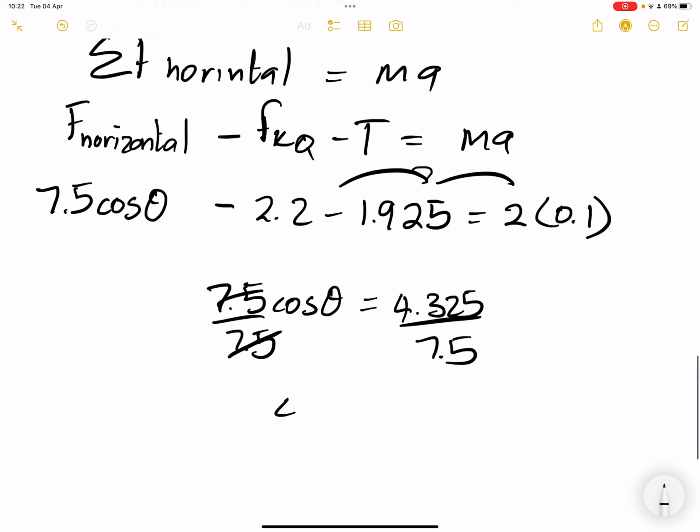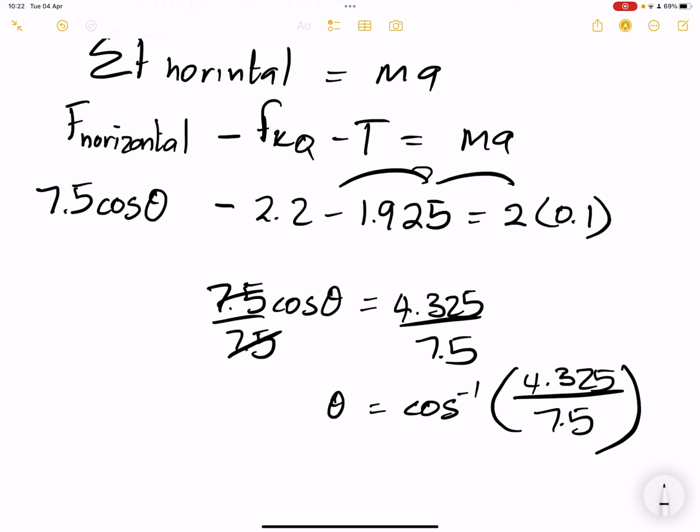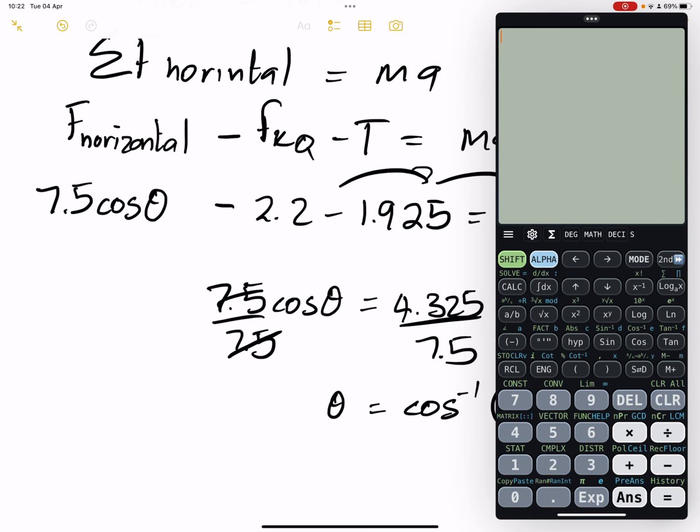That means that to find the angle, I'm going to simply say the arc cos of 4.325 over 7.5. So shift cosine of 4.325 divided by 7.5.